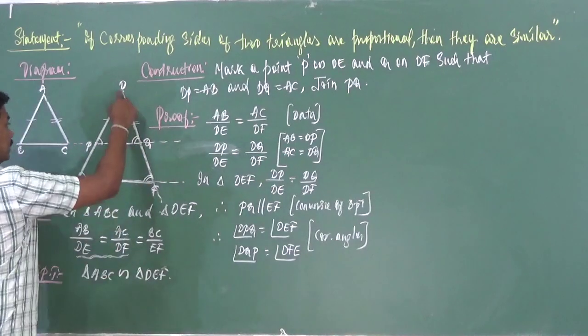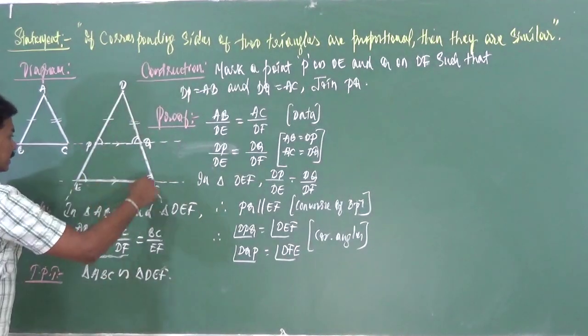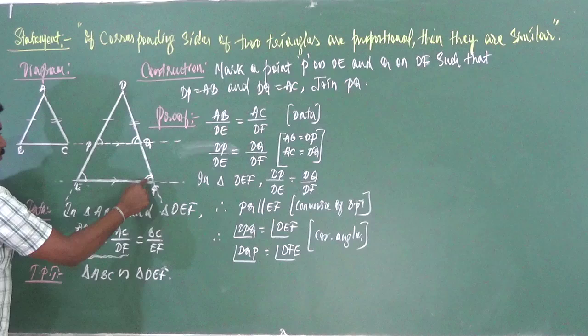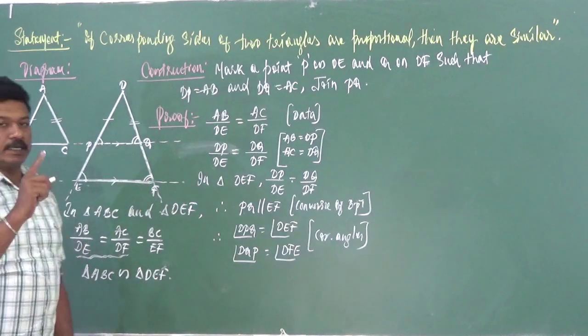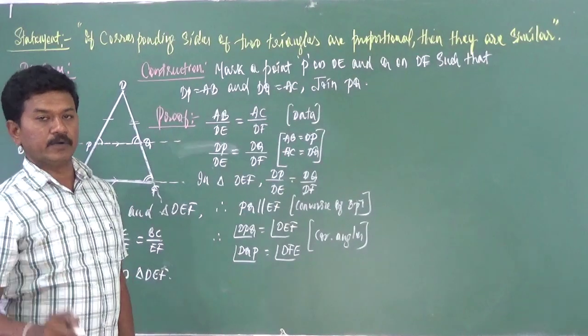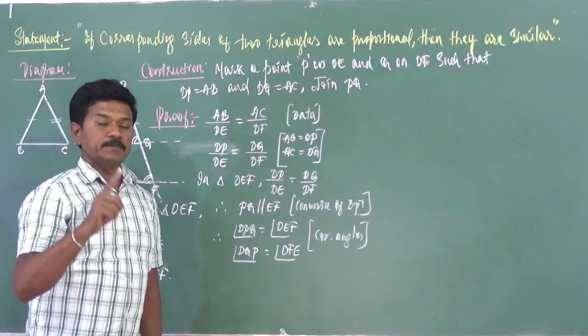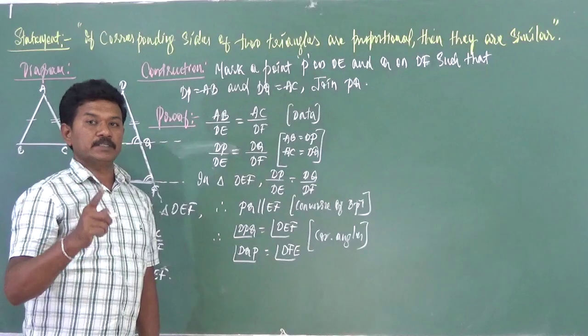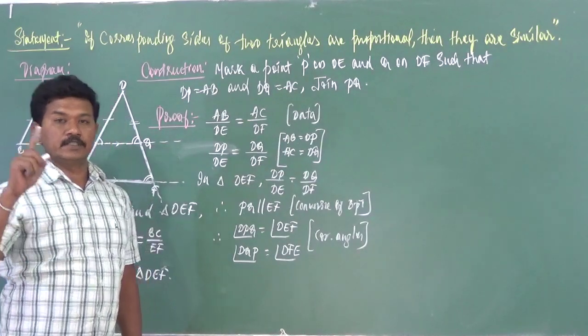So now in triangle DPQ and triangle DEF, two pairs of corresponding angles are equal. In case of any two triangles, if two pairs of corresponding angles are equal, then the triangles become similar based on the AA criterion of similarity.